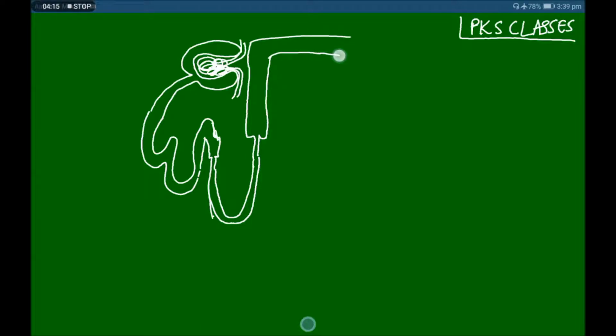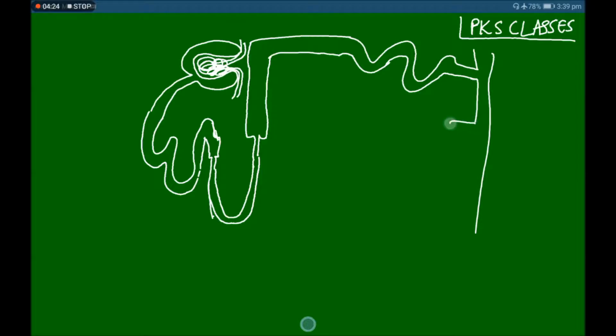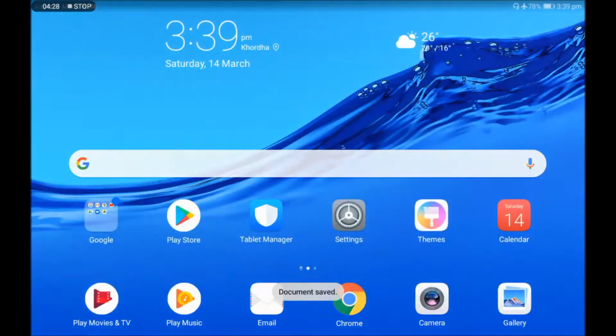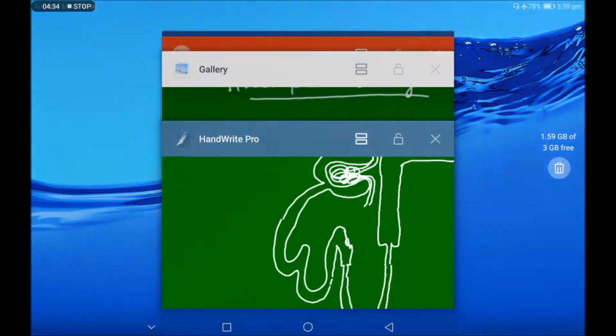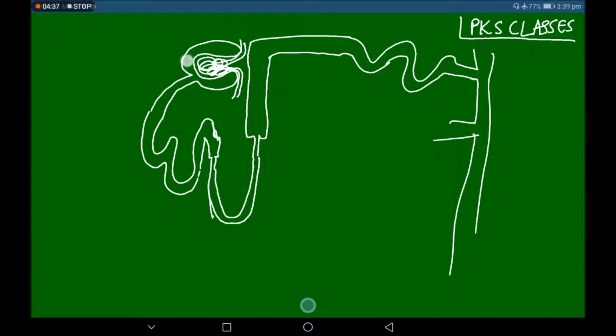First this is our glomerulus or Bowman's capsule.